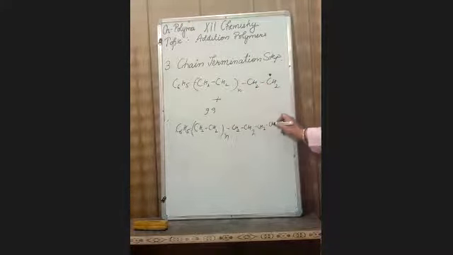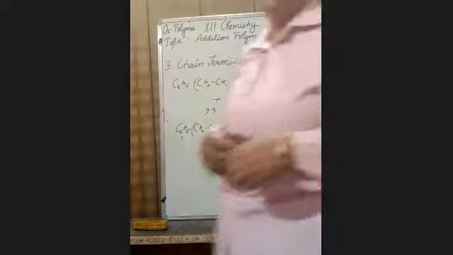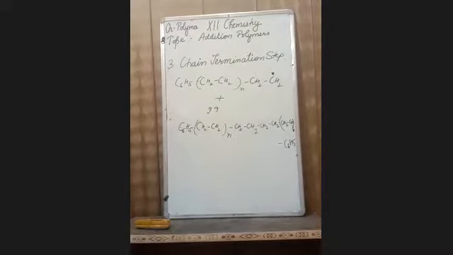CH2 CH2 CH2 CH2 n with C6H5. Now these free radicals will become stable species and your reaction will stop. This is the mechanism of free radical reaction.